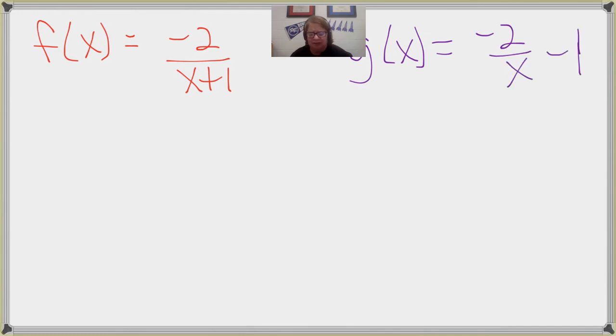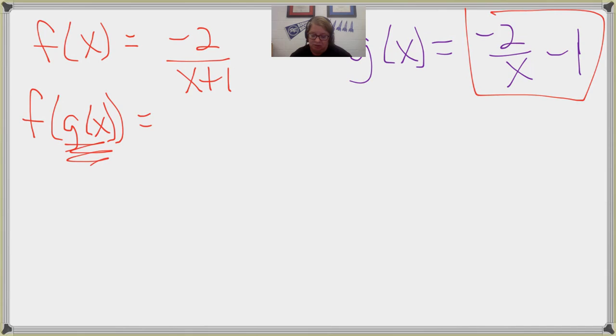Okay, still some ugly fractions, but you know, fractions just divide. So first let's do f of g of x, which means we're going to take g of x, which is this, plug it in for this.